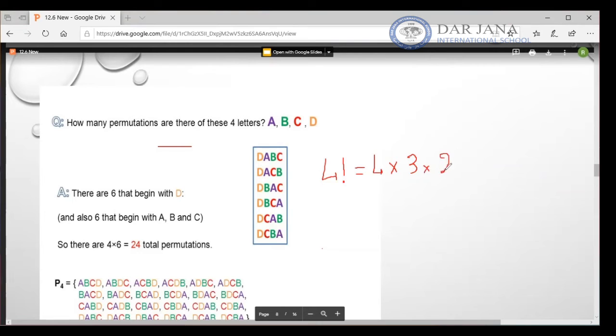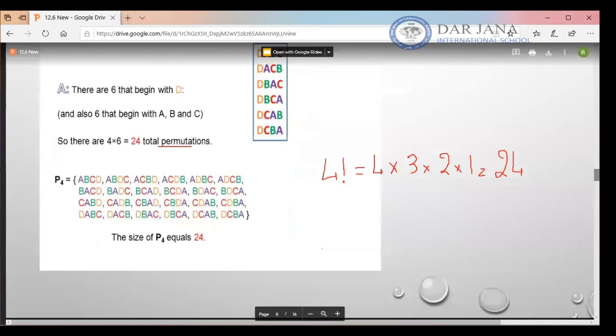Of course, you could put the times 1, but it's not going to change anything. I'm going to put it anyway, which is the final answer, 24. Let's continue now. Here they are just putting them for you in detail. Check them. This is everything.